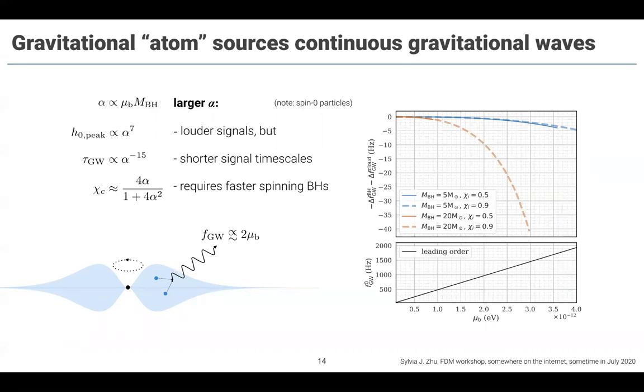For that you need to wait until LISA launches. That's the space-based gravitational wave detector with much longer arms that's going to be sensitive to much smaller frequencies. I don't have a good handle on how strong these signals would be.